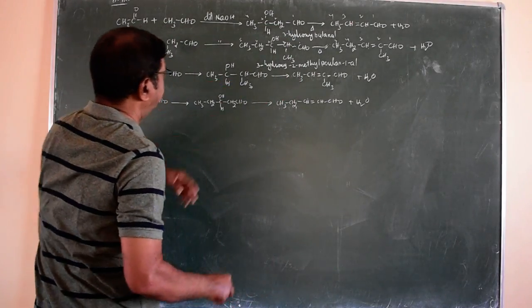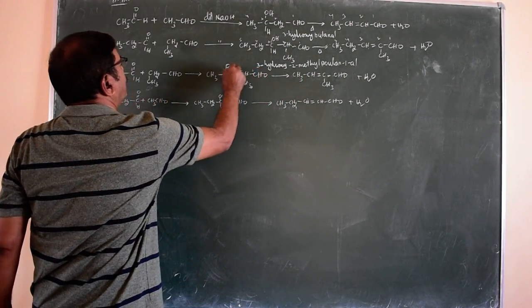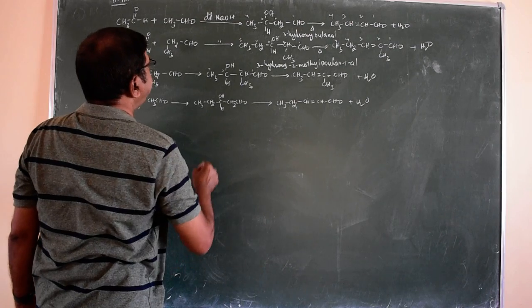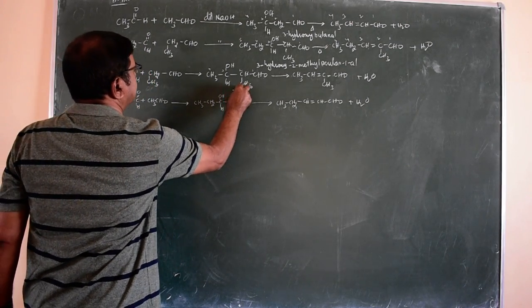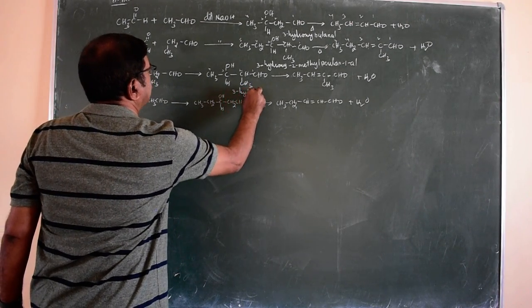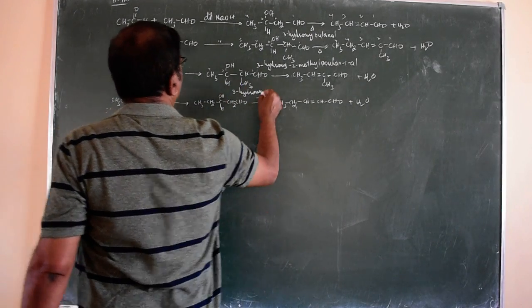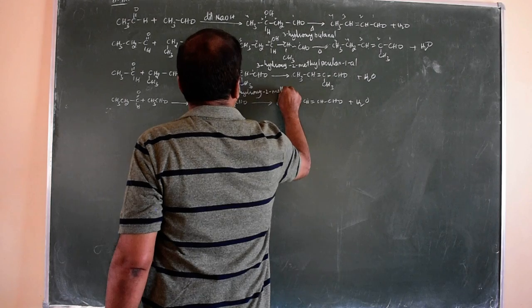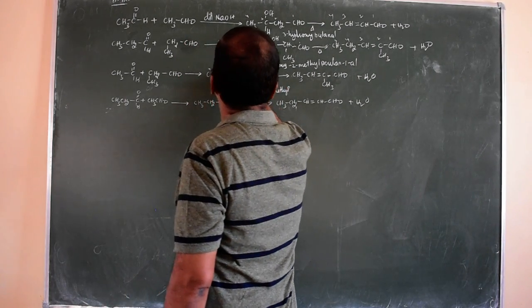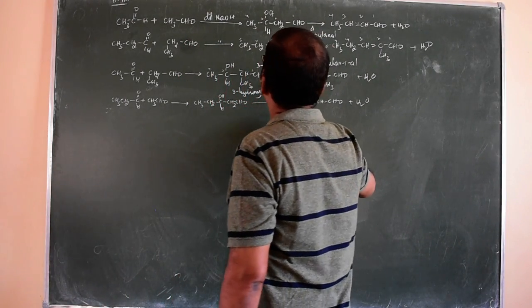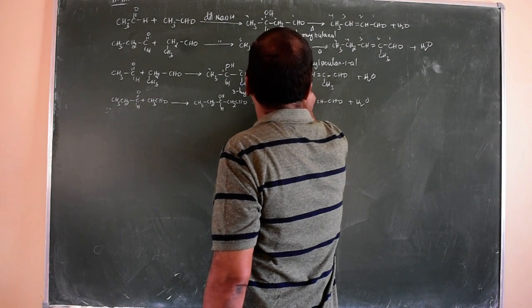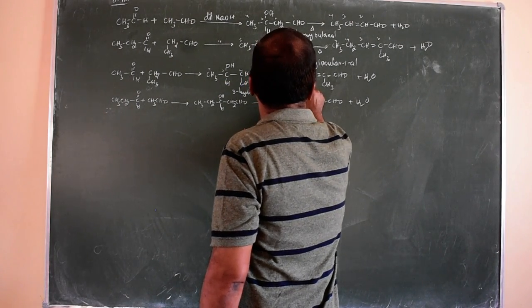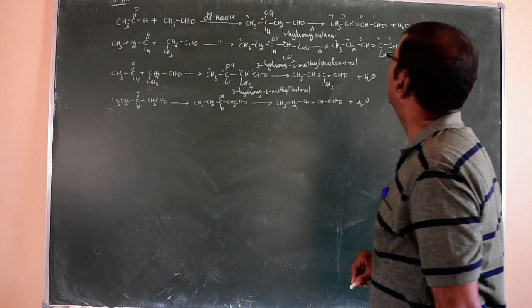The name of this one again, numbered 1, 2, 3, 4, is 3-hydroxy-2-methylbutanal, or simply butanal.